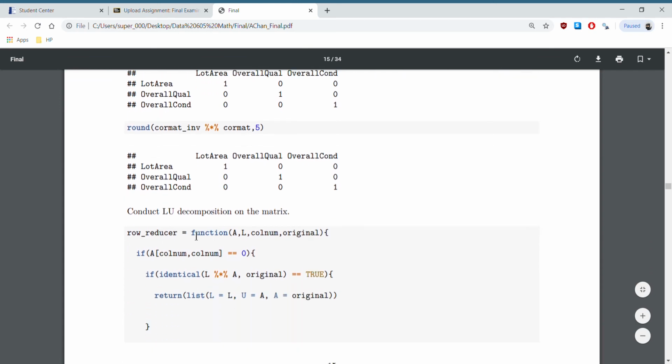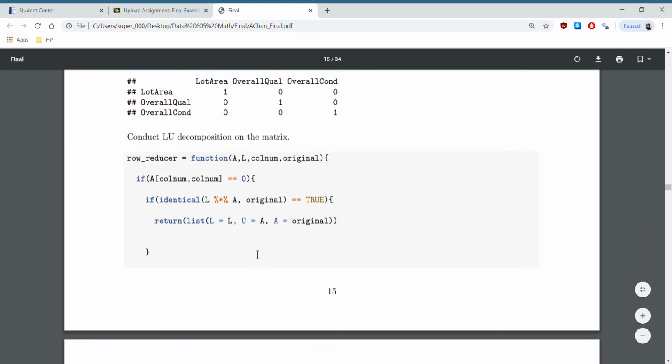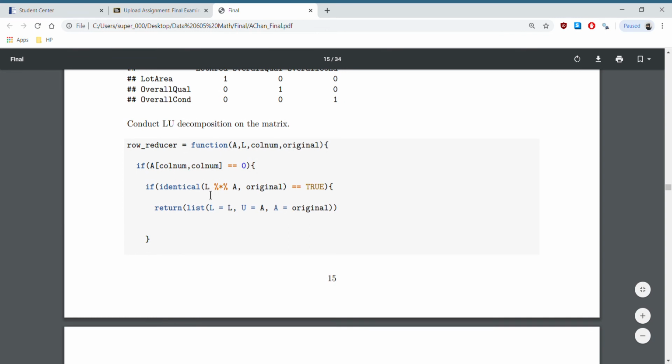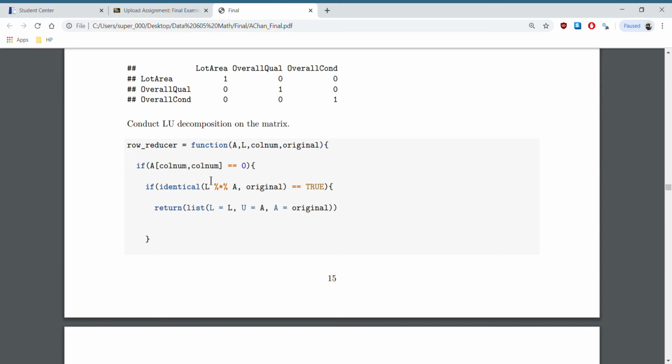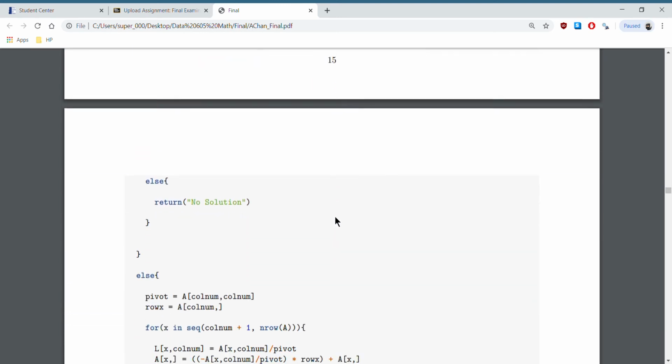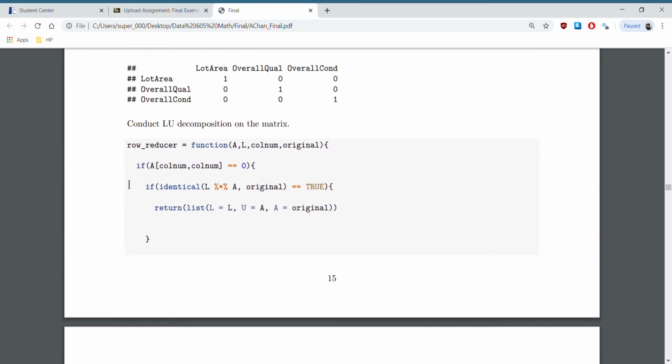Then conduct LU decomposition, so I basically just took the function that I used in my homework too for the LU decomposition and plopped it in here. I have this function here called row reducer, which basically converts a matrix to reduced row echelon form. So we can take a closer look here.